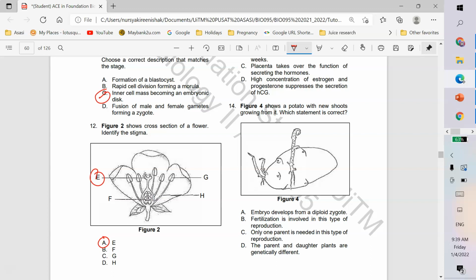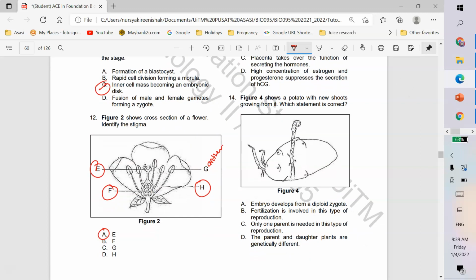Kalau G ni, anther kan, which produces the pollen. Kalau F ni apa? Kalau F, ovule. Ovule kan. So kalau H? H, filament. Alright. So you have to know the structure of flower reproductive system.